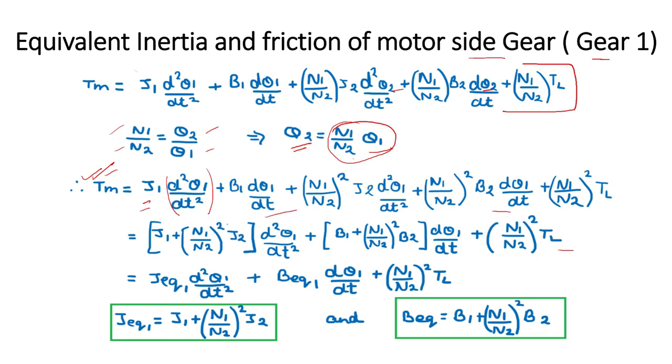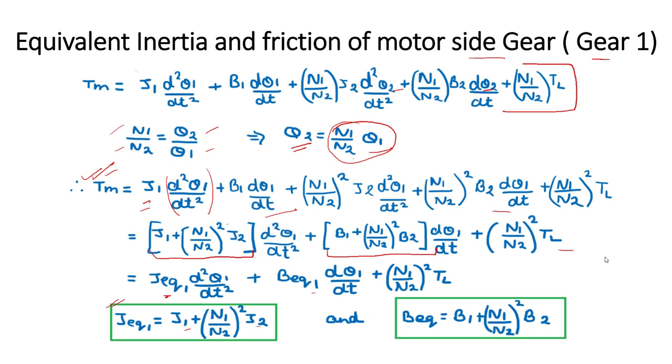So we get this, and now we can write this whole thing as J equivalent 1, and similarly here it is B equivalent 1. Therefore this equivalent inertia element is equal to J1 plus N1 upon N2 whole square into J2. Similarly, B equivalent is equal to B1 plus N1 upon N2 whole square into B2.